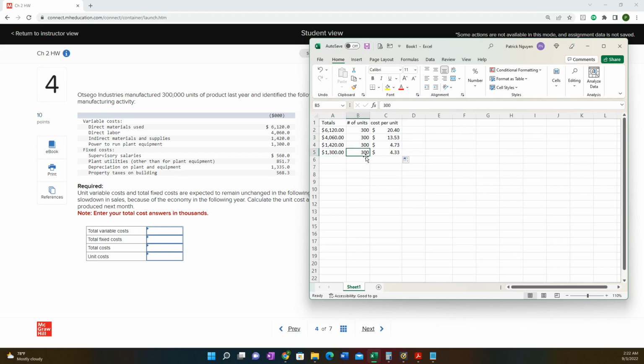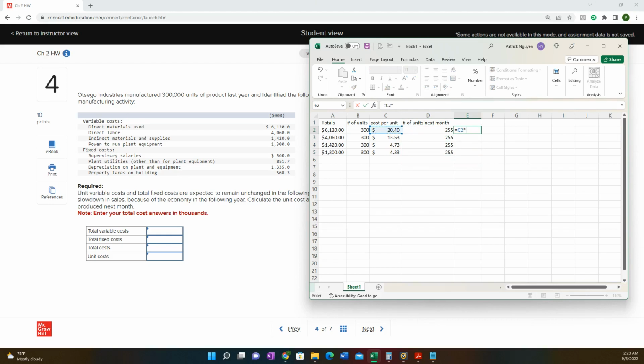Next, we have to figure out what the totals are if we only produce 255,000 units. So I'll let Excel do the math for me again. $20.40 times 255,000 units is $5,202.